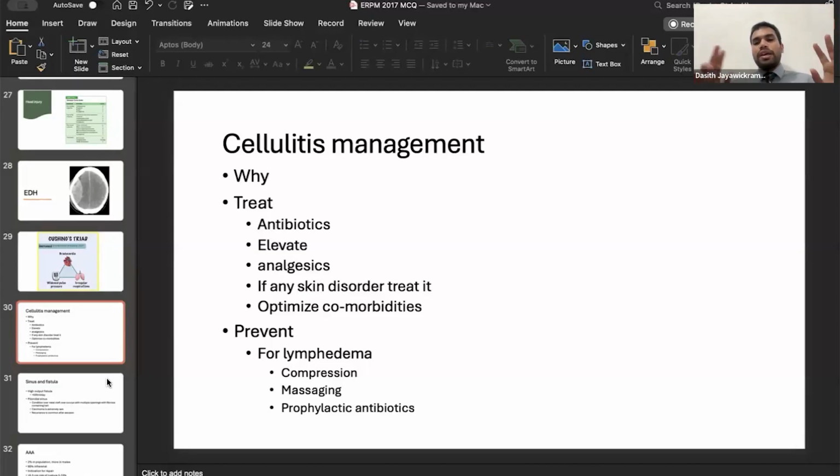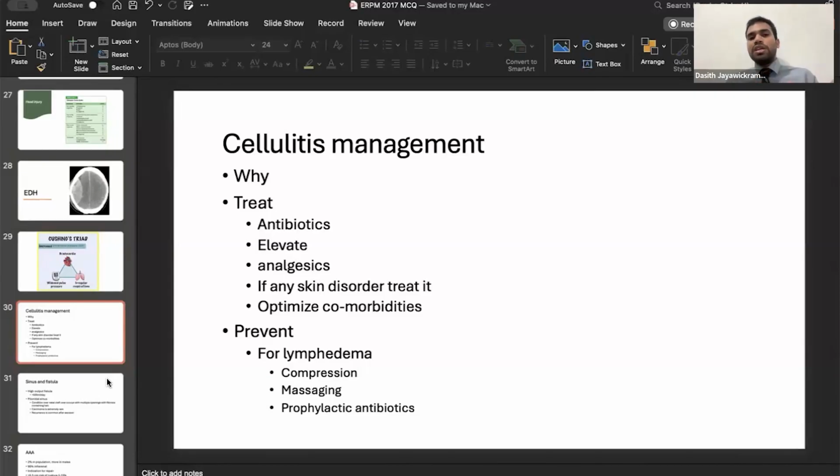We practice evidence-based medicine, and there's no proper evidence to say that compression will worsen the cellulitis or not. There's mixed evidence, so there's no proper guideline. Some people like to compress, some people do not.